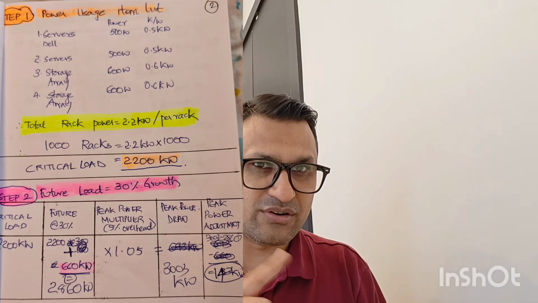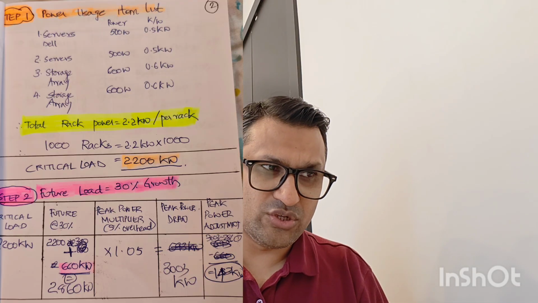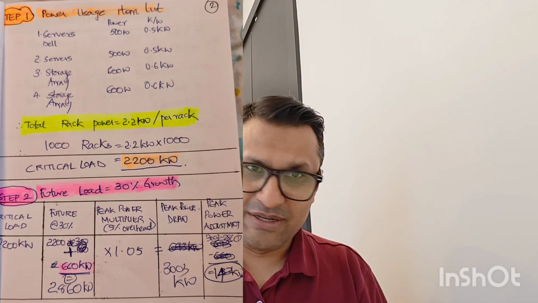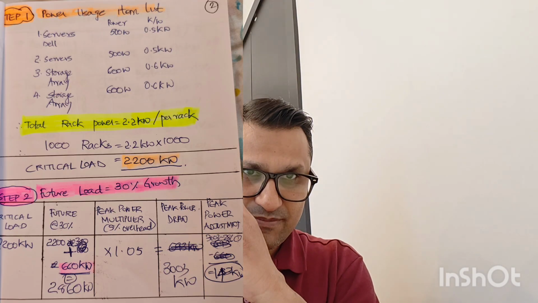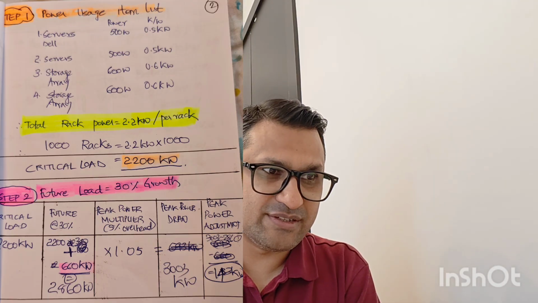And if you have 1,000 racks, now you have 1,000 times 2.2 is 2,200 kilowatt. That's the critical load. So that's the main load for this 100,000 square feet data center.